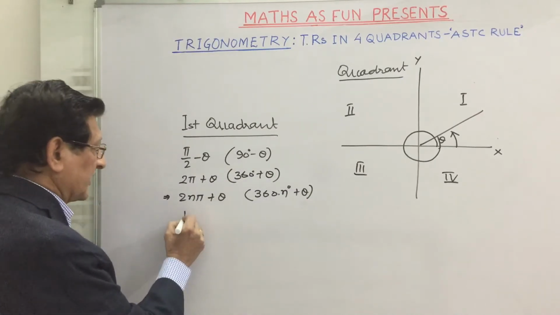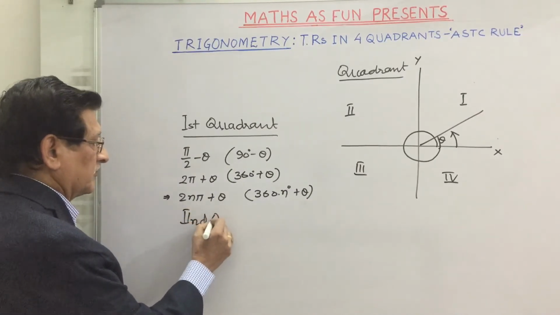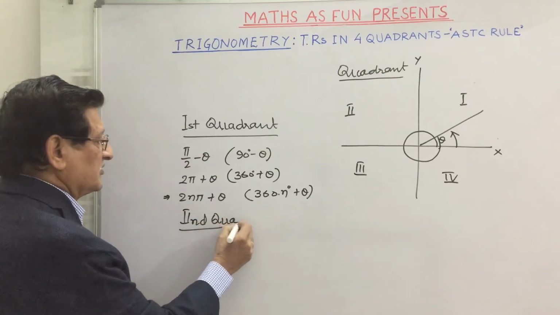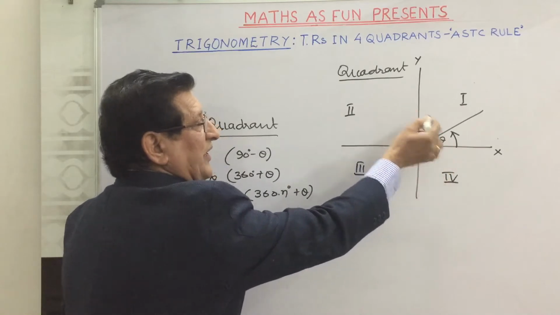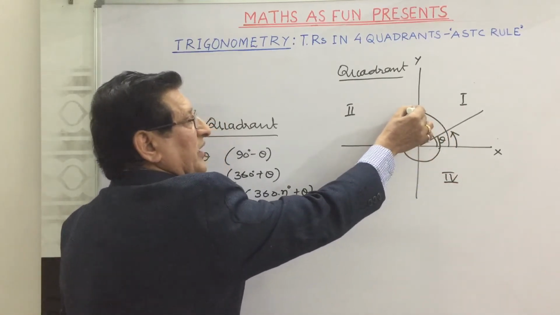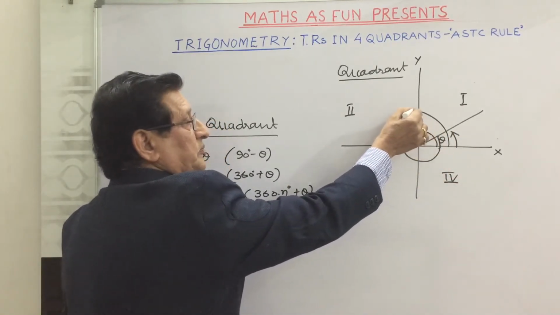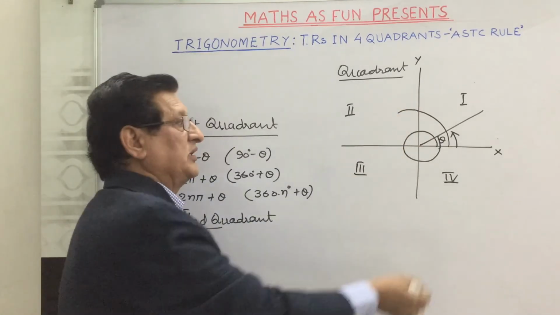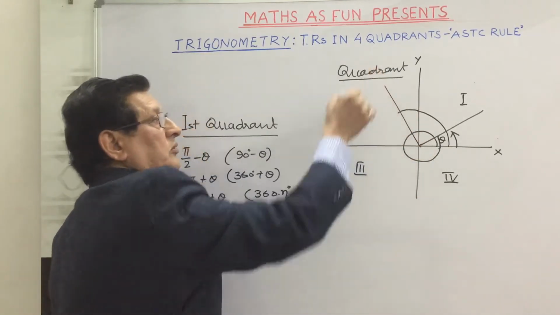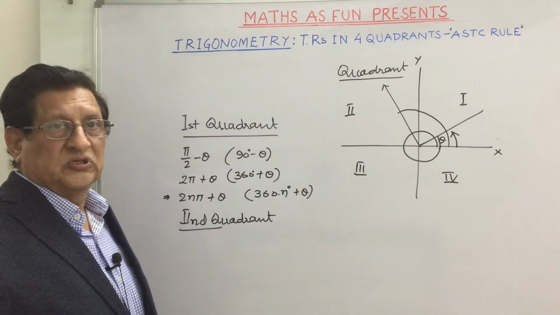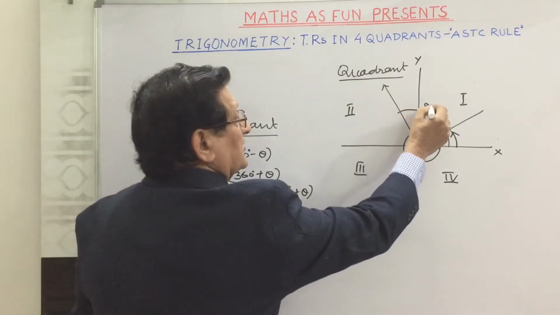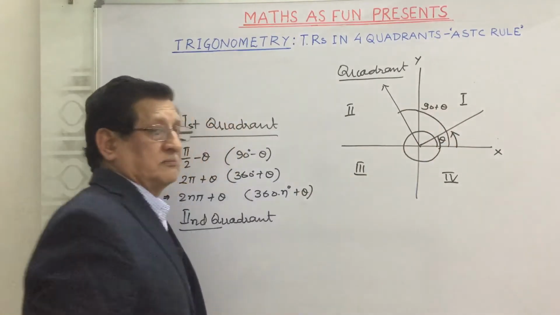When we talk about the second quadrant, you can very well see that after completion of 90 degrees, if it makes any angle theta, this comes to the second quadrant. So this angle we can say is 90 plus theta.